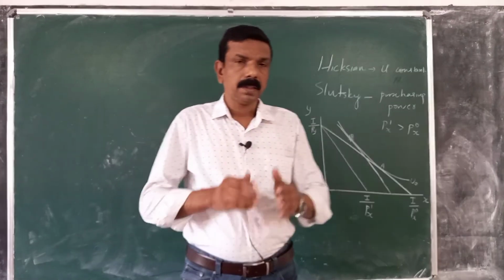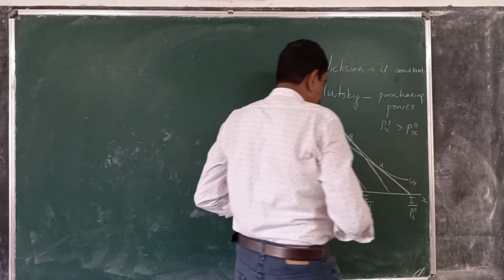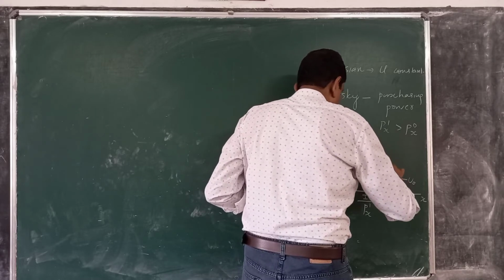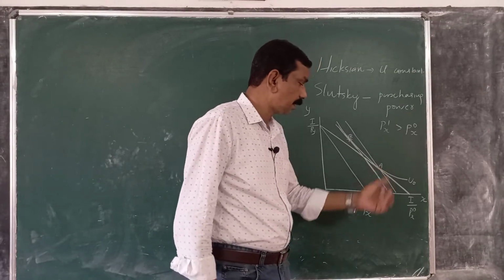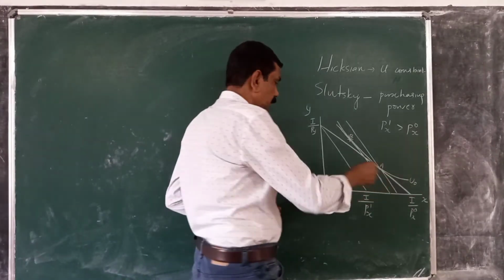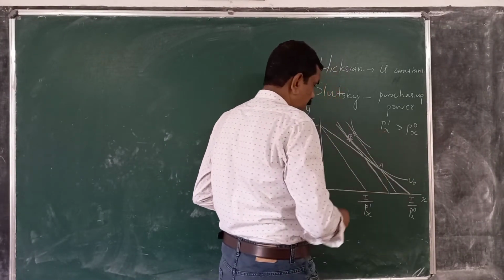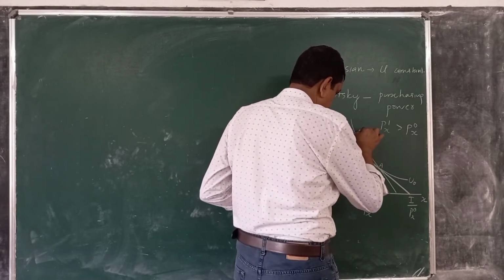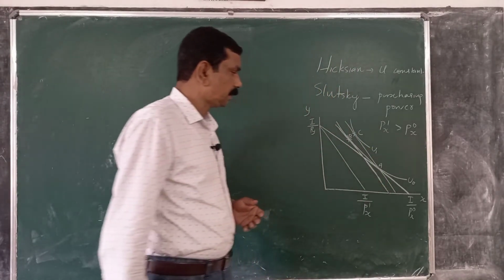Now, let us see Slutsky's compensation. Slutsky compensation is such that the compensated budget line passes through the original consumption bundle A, so that the new equilibrium after compensating for the change in income is C on a new indifference curve U1.